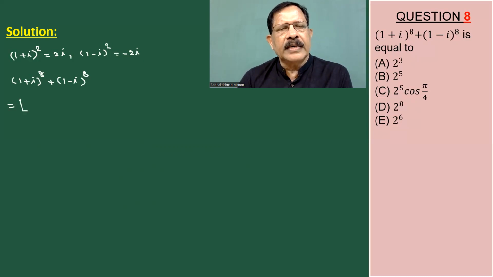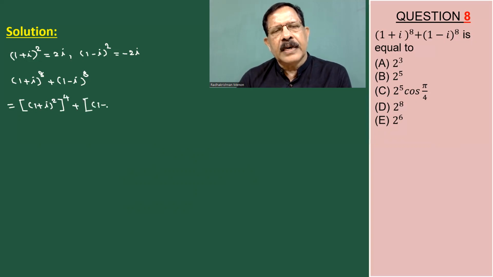So here you are getting 1 plus I the whole squared whole raised to 4 plus 1 minus I the whole square whole raised to 4. So 1 plus I the whole squared, you know it is 2I. Plus again minus 2I the whole raised to 4.